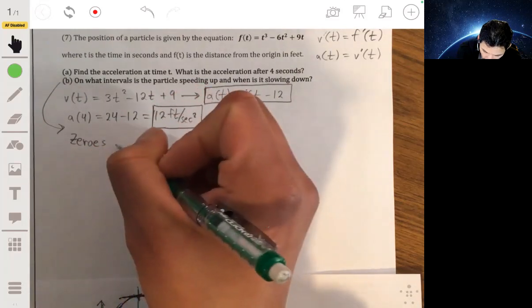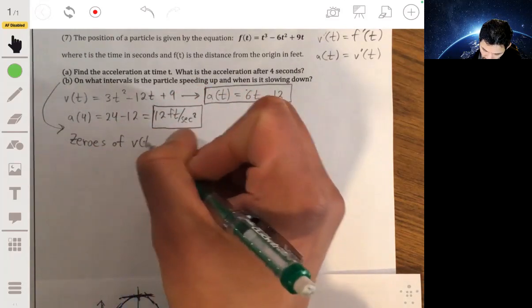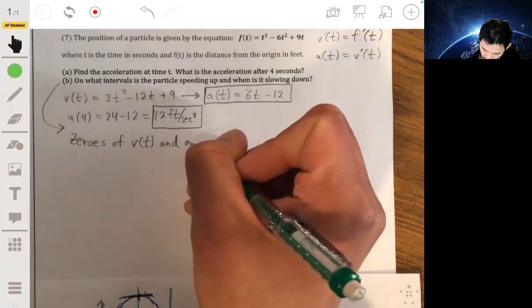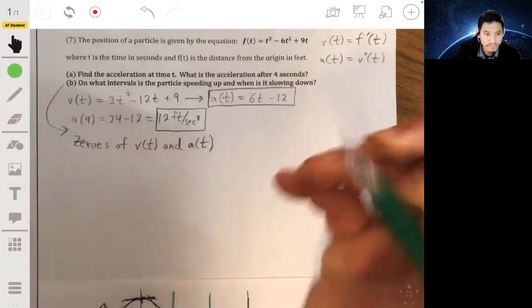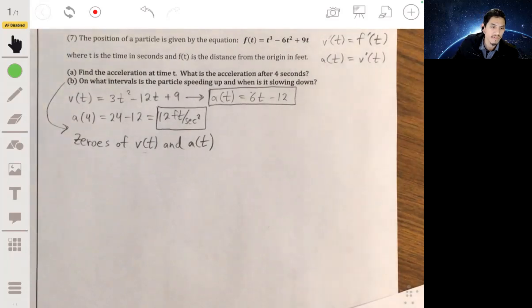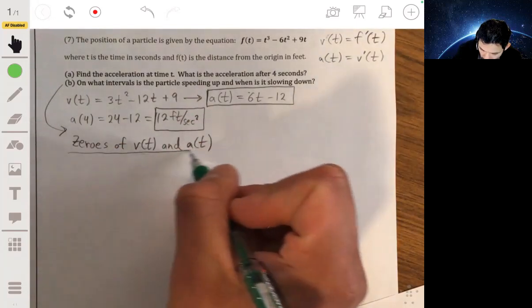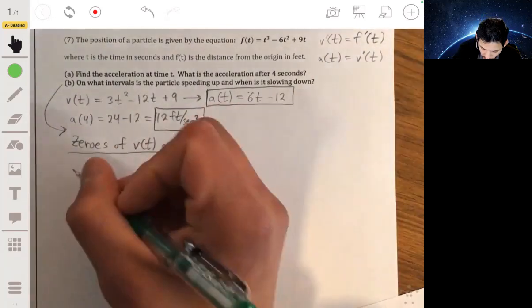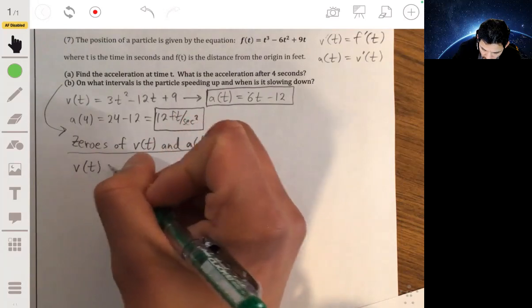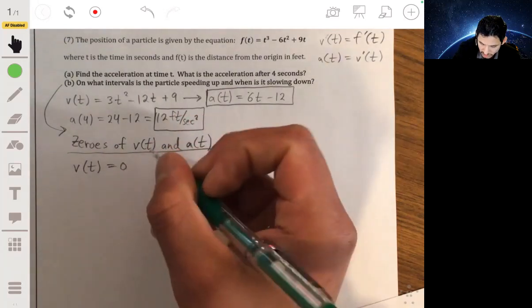Zeros of v of t and a of t. Let's find where velocity is 0 and where acceleration is 0. So, where is v of t equal to 0? Let's first go with that one.